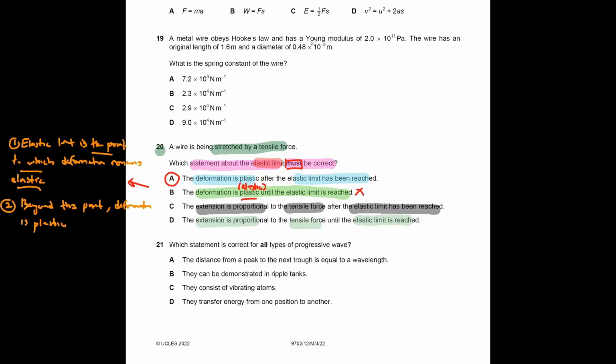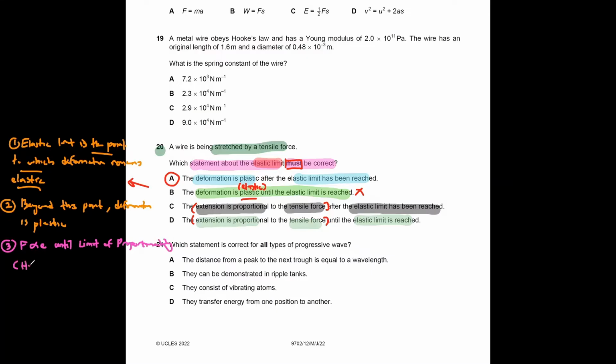So what's actually happening here? You just look at the phrase where they say extension is proportional to tensile force. This is related to your Hooke's law. So let me write some additional statements here. Force is directly proportional to extension until a point called limit of proportionality.